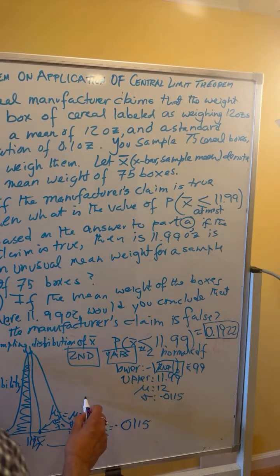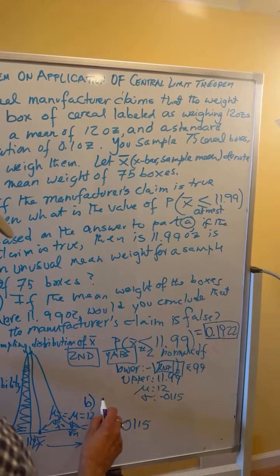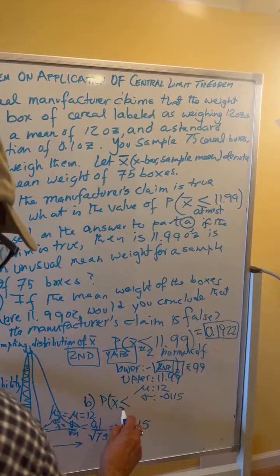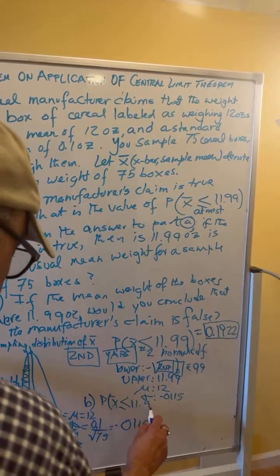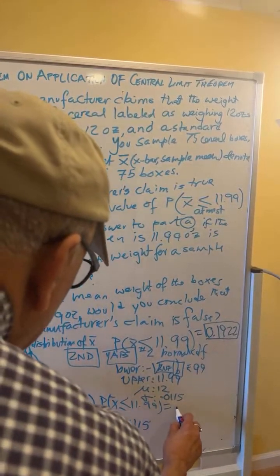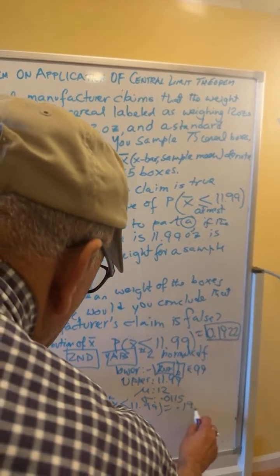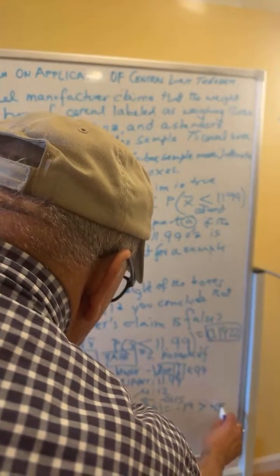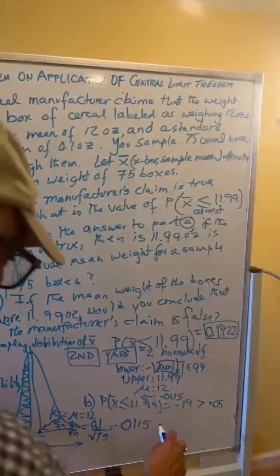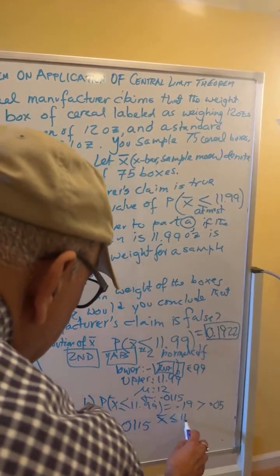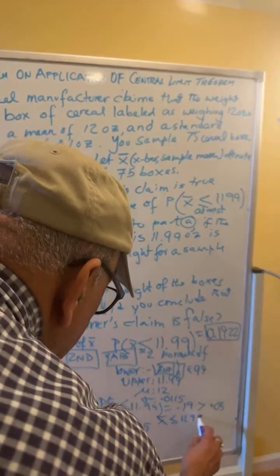So part B: the probability of X bar less than or equal to 11.99 is equal to 0.19, which is greater than 5%. So X bar less than or equal to 11.99 is not unusual.